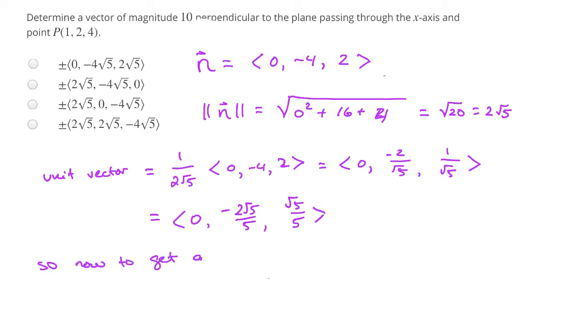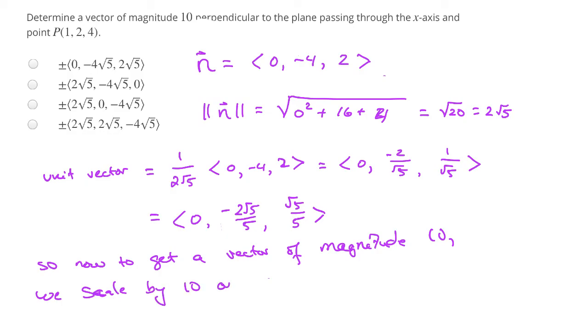So to get a vector of magnitude 10, we scale by 10 and negative 10.